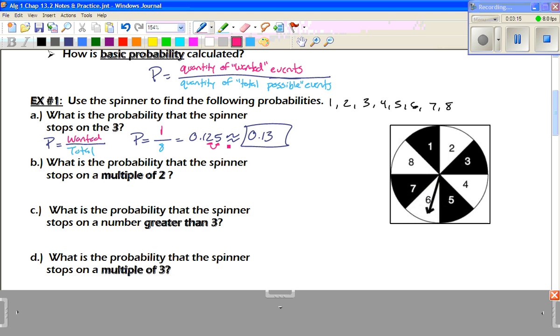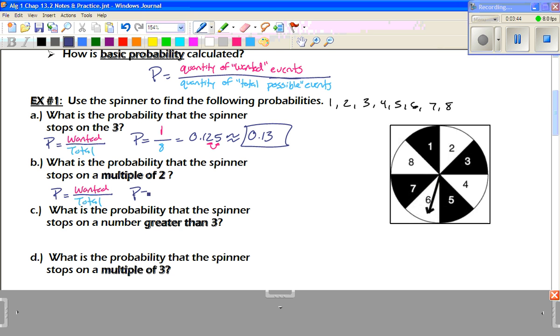Okay? So B is saying, what is the probability that the spinner stops on a multiple of 2? So just remember that it's your wanted over your total. The multiples are 2, 4, 6, 8.